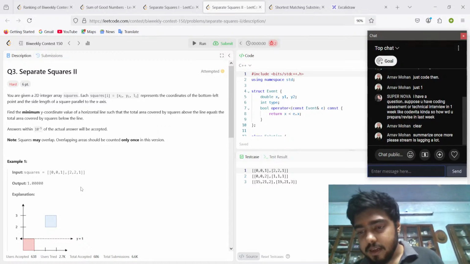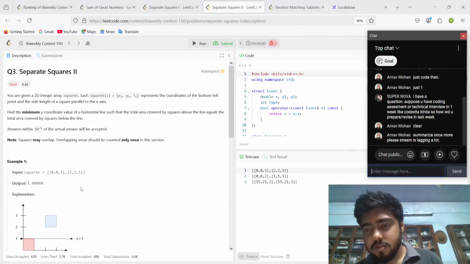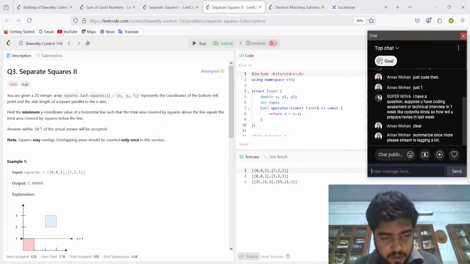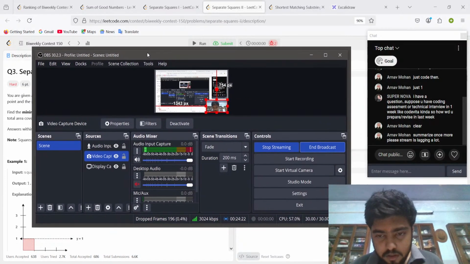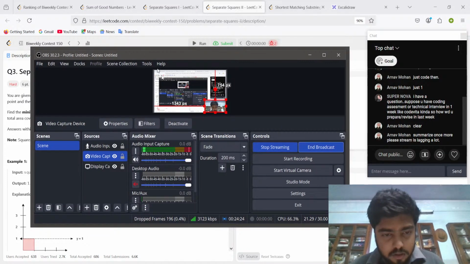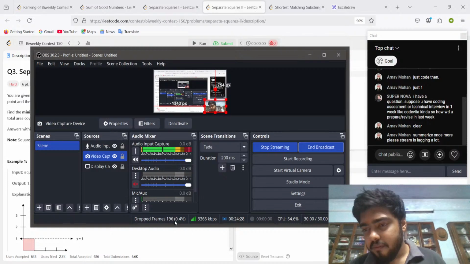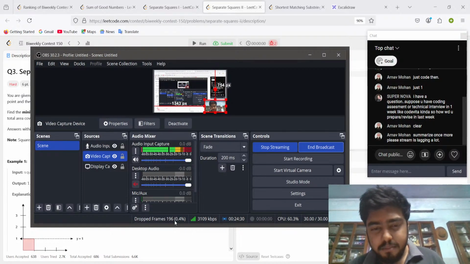It is still lagging. No, over here it seems that it is good, right? Just let me check how many frames it dropped. Okay, 196 frames. That means somewhere in there was a little bit of lag, right?